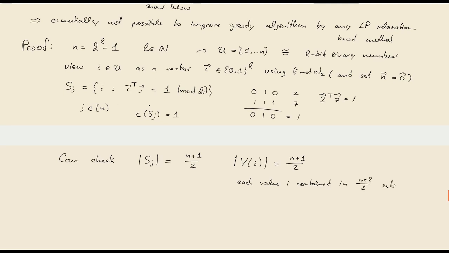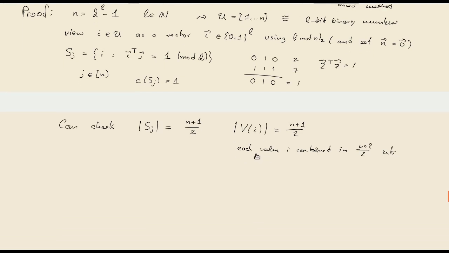The point is that this is an extremely symmetric definition, because we use all L-bit binary words, we have the whole set available, and that gives you all these nice symmetries. So it's probably obvious that we will have the same size for all these sets and the same number of sets that contain any given value. That these two are also equal is something that you just find by computing it.